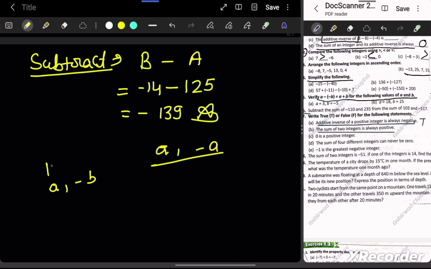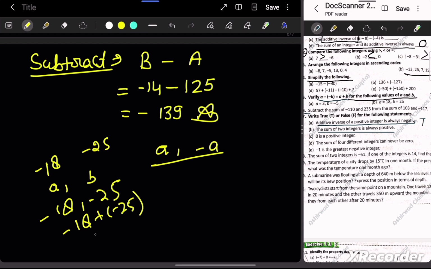Sum here is 18 and b is minus 25. The sum of two integers is always positive. Sum of two integers, here minus 18 and minus 25.